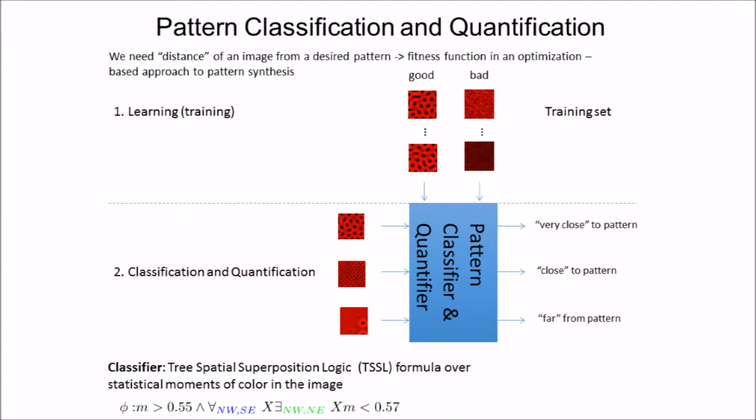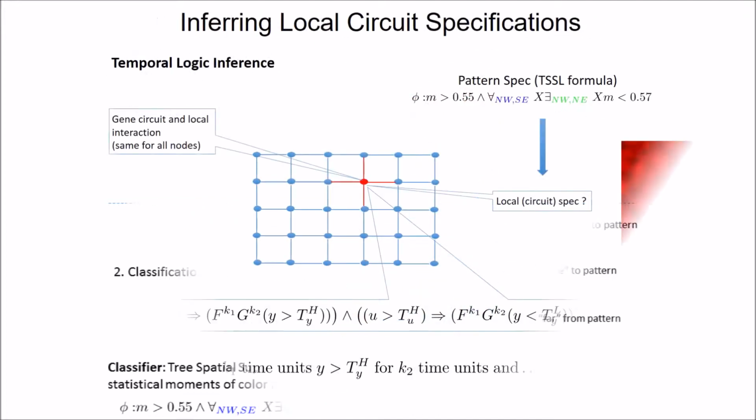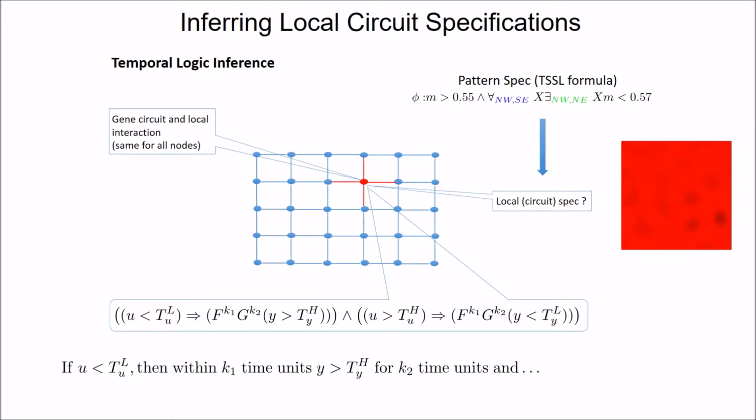The main advantage of this approach is that given a learned classifier and an image, we can quantify how far the image is from desired patterns, and this distance can be used to map a pattern synthesis problem to an optimization problem.